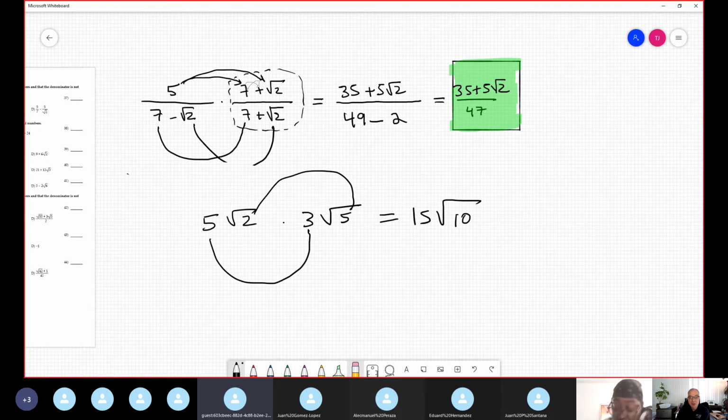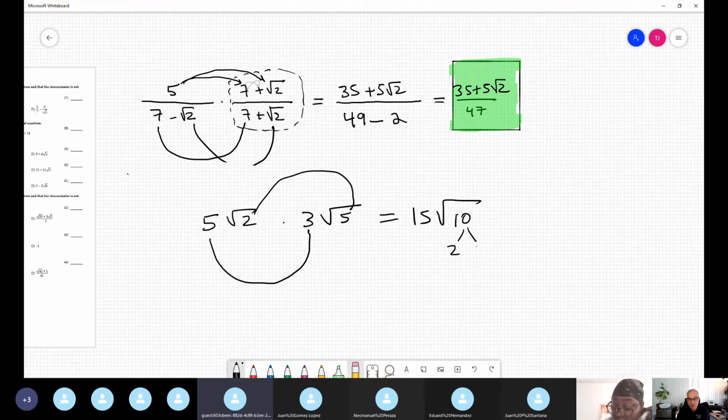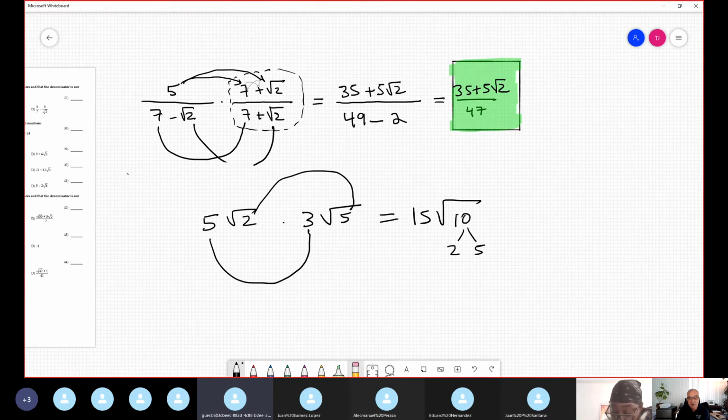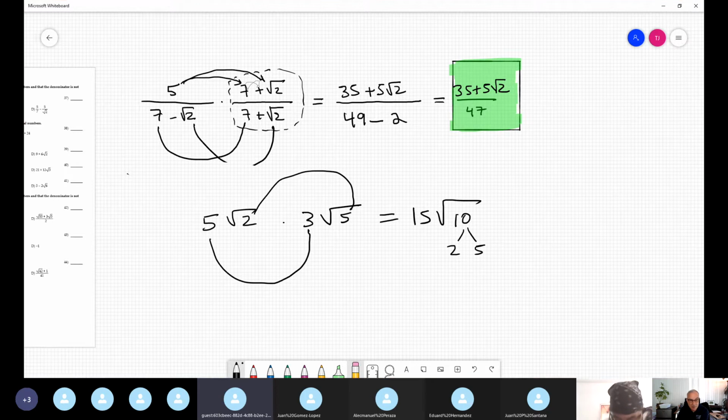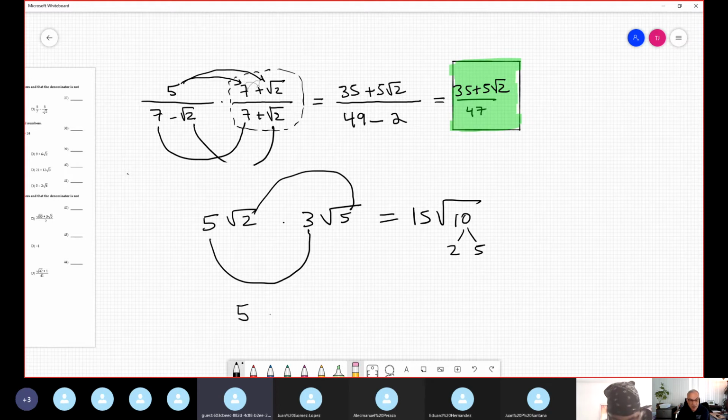And we can simplify this a little bit more. Let me see, I don't know. 2 and 5, no couple, no simplification. This is the answer. But basically, when you multiply 5 times radical 2, you consider that the coefficient here is 1, and you multiply 5 times 1, get 5.